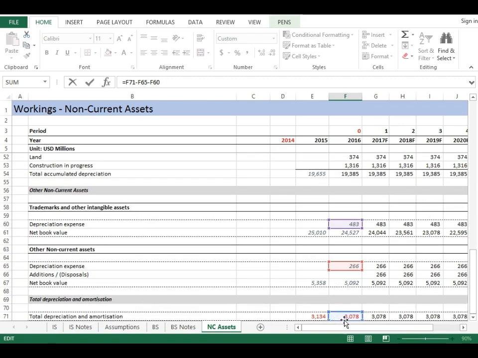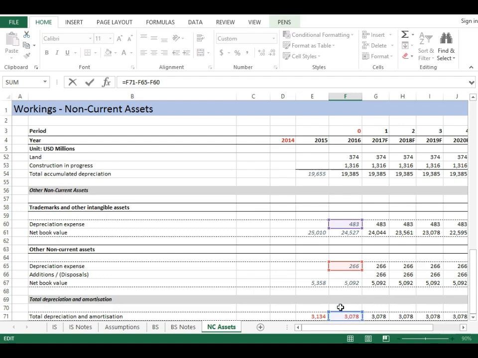First of all, I took the total depreciation expense. Where do I find total depreciation expense from? From notes to income statement. In the income statement you have depreciation expense, and if you go to notes to income statement you can find out the total depreciation expense. So this is my total depreciation expense, 3078.